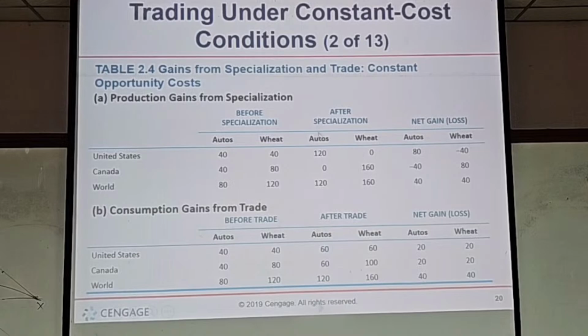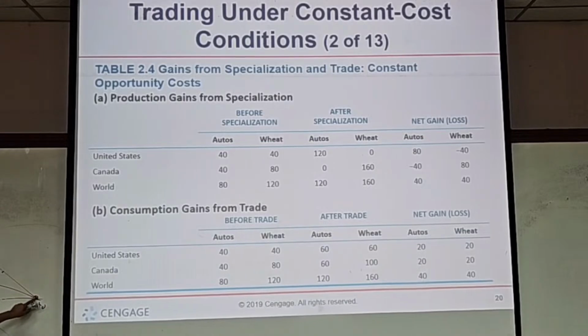We know it is here. The United States is more efficient in production of auto, so look, 120, all the way to 120 here, and zero wheat. This point is still on the production possibilities frontier.